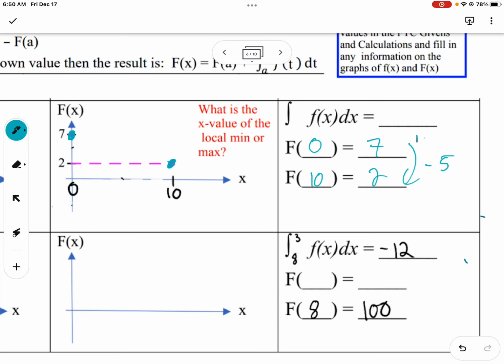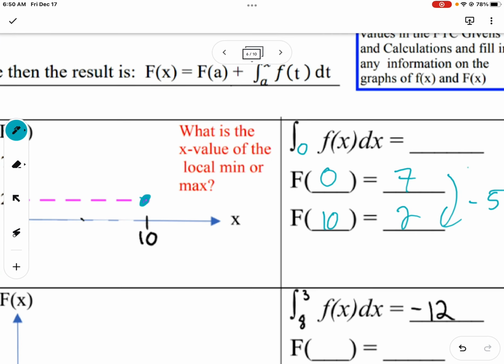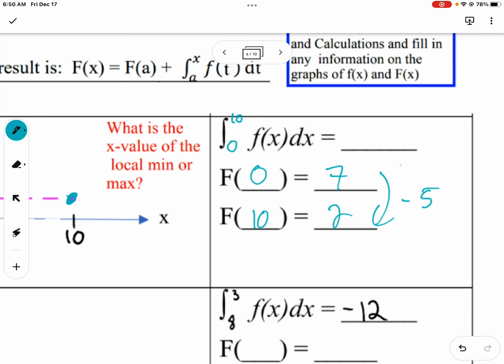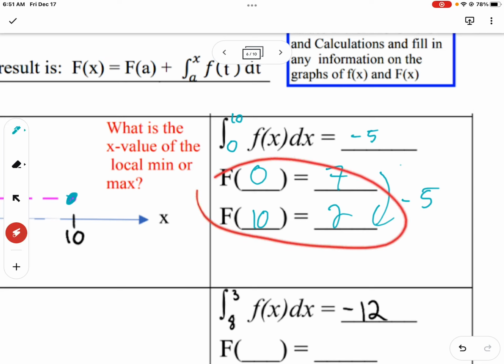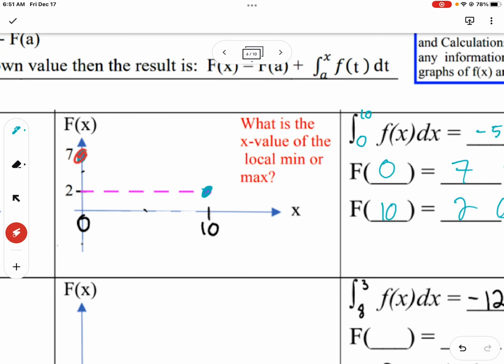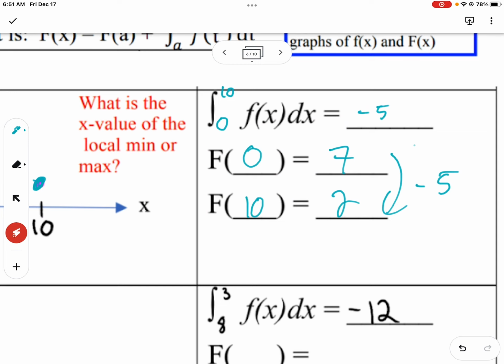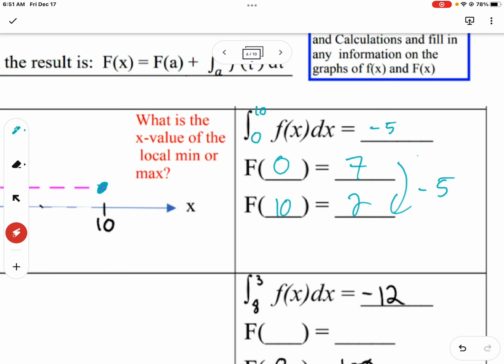So if I go from 0 all the way up to 10, I know that that equals -5 because the y value on the original changed by -5. Right? I went from 7 all the way down to 2. So that changed by -5. Then that means the area under the rate curve from 0 to 10 is also -5.